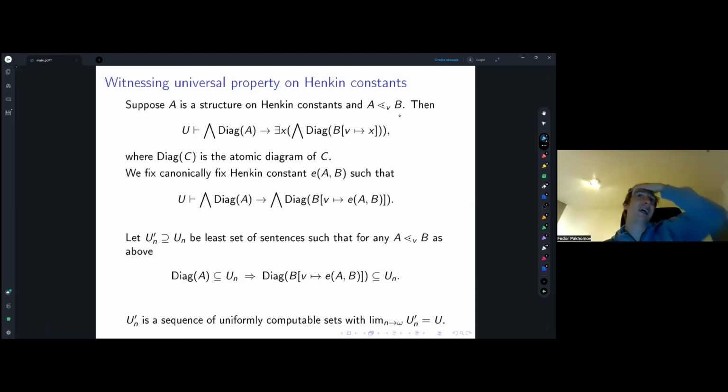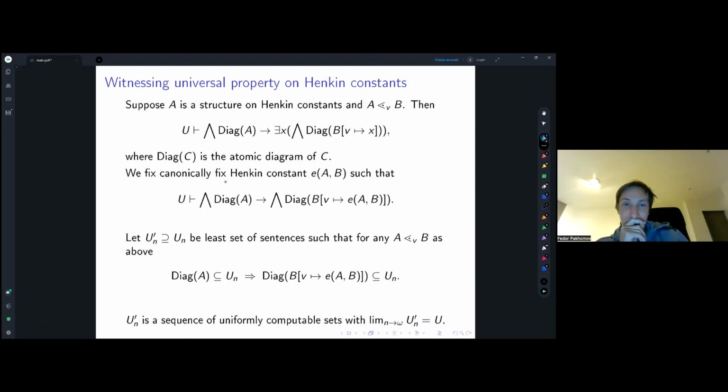Then we always have the following property: the theory U proves that if the diagram of A holds, then there exists X such that the diagram of B with V replaced with X holds. By diagram I simply mean atomic diagram.